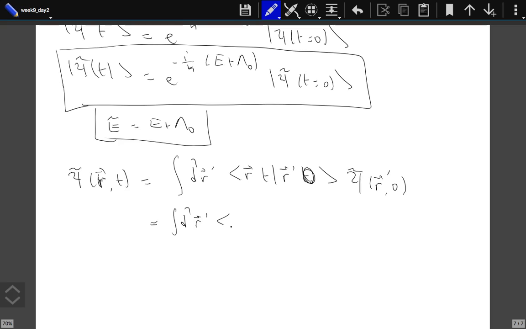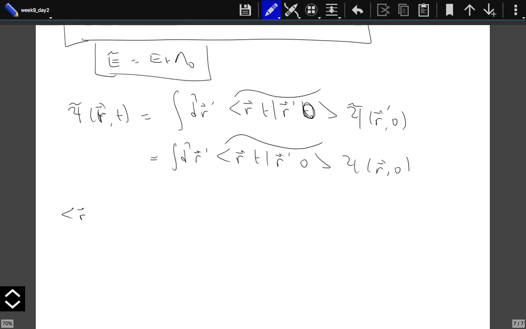Well, let me put a tilde on top of the propagator also. Basically, this is the propagator in the presence of the shifted potential.